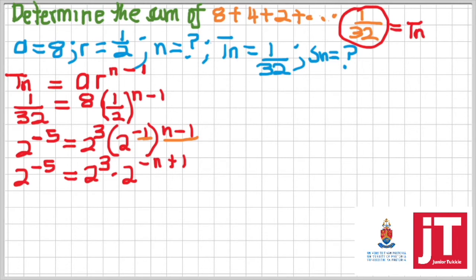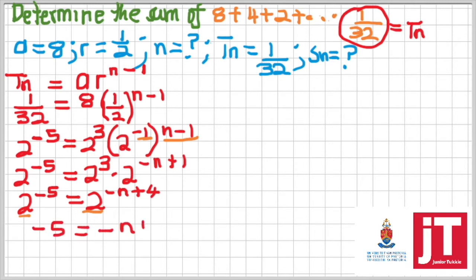Then simplifying the right-hand side, I am going to get 2 to the negative 5 is equal to 2 to the negative n plus 4. Then once the bases are the same, as you can see, I'm going to do away with the bases whilst I immediately equate the exponents. I'm going to get negative 5 is equal to negative n plus 4. Therefore, my n value would be equal to 9. That means I'm dealing with 9 terms.